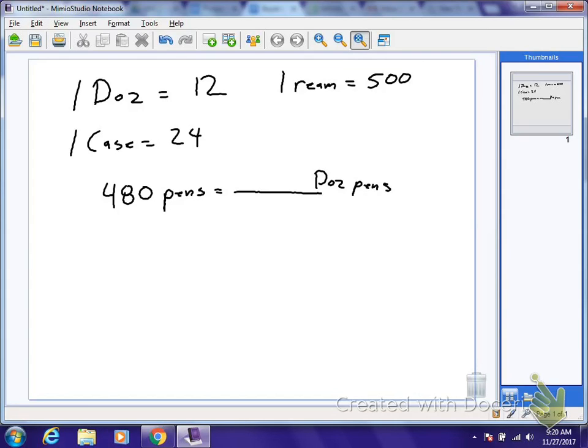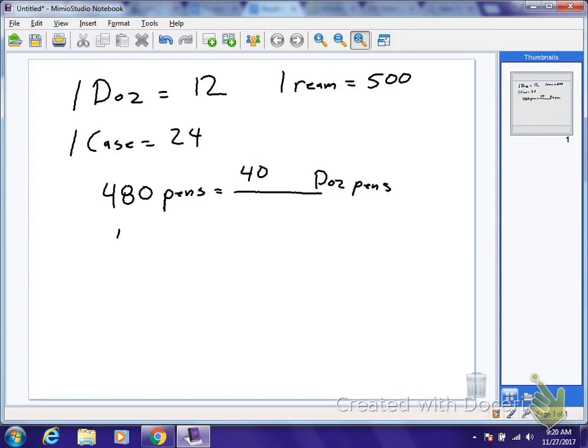40. Okay? So some of you could figure that out because you know that 12 has to be divided into 480 to get your number. So then you would have 40 dozen. Now, to set that up, if being a chemist, I would go, well, show me how that works out.